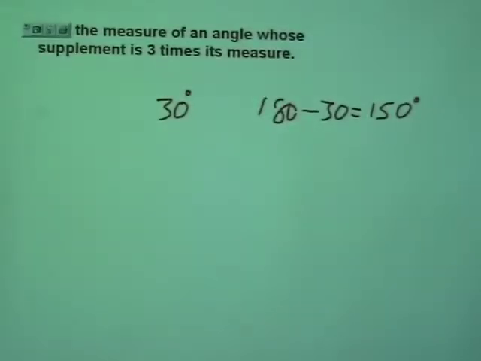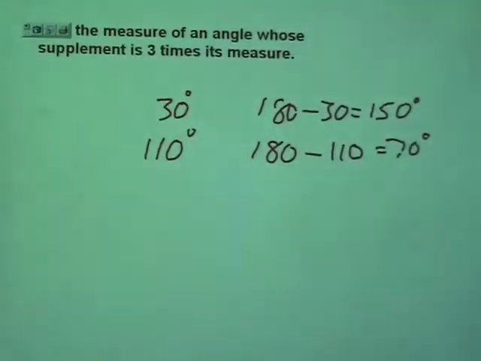One more time. What is the supplement of 110 degrees? The supplement of 110 degrees is 180 minus 110 equal to 70 degrees. Okay. What is the supplement of x degrees?